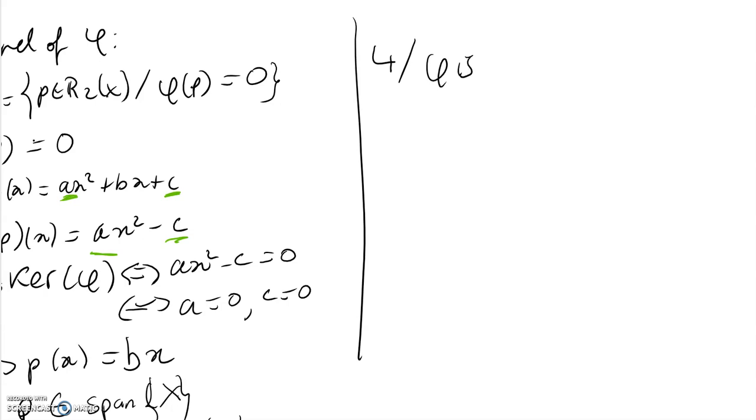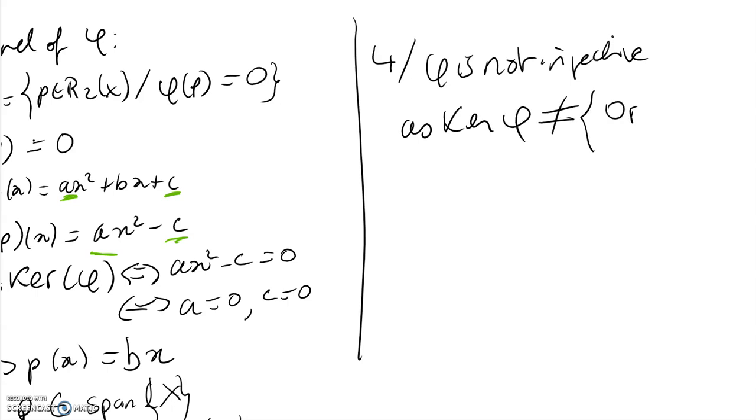Phi is not injective as its kernel is different from only the 0 element of R2 of x, because the kernel of phi is equal to a space that contains more than the 0 element. Here I'm using theorem 15.